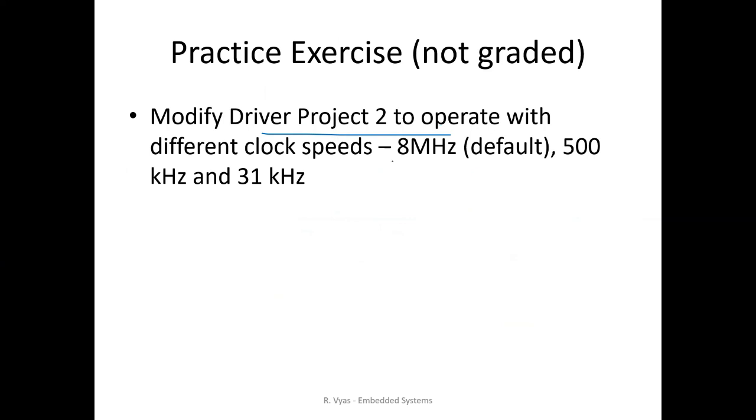Try doing that when your clock is running at 8 megahertz, which it already is by default. Try doing it also at 500 kilohertz and 31 kilohertz. You will have to adjust the counter value depending on the clock speed you're running at. So it's a good exercise to get started. Driver project 3 and onwards might be based on clock switching, so it's a good idea to get a hang of it. Any questions?